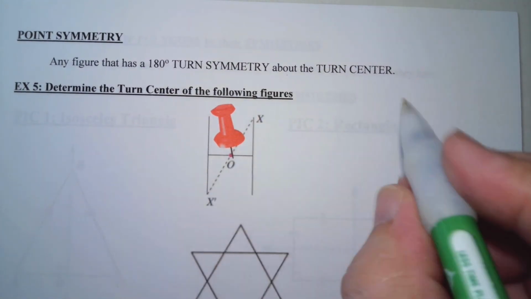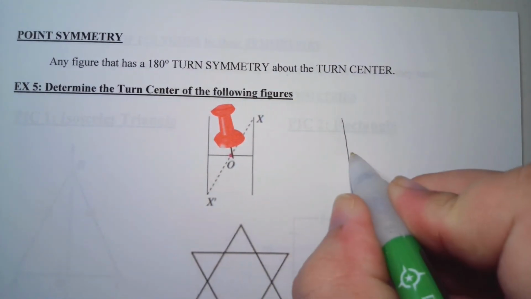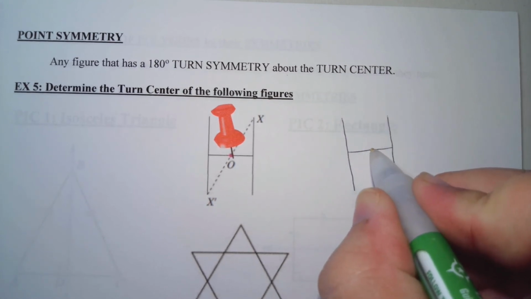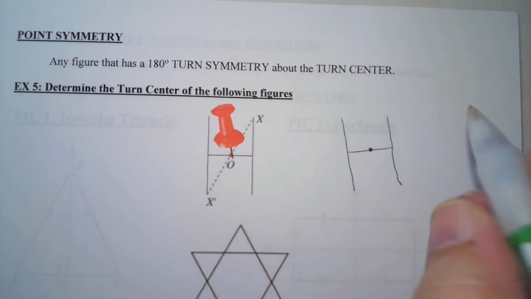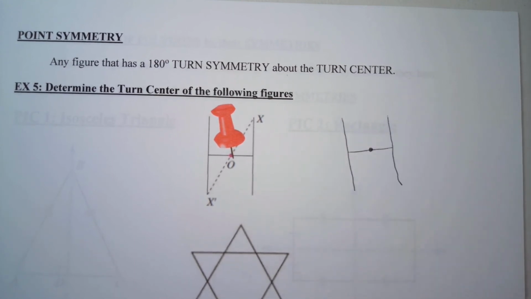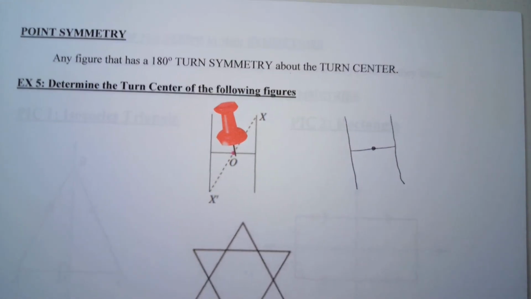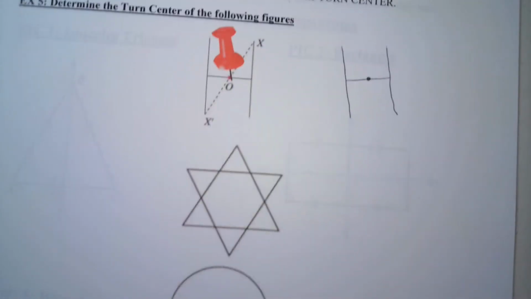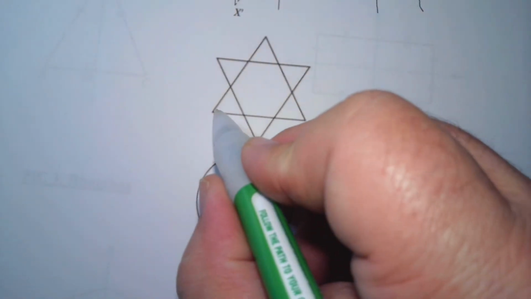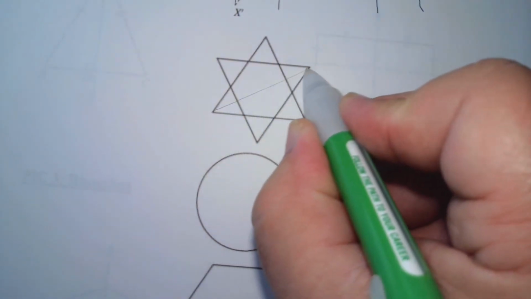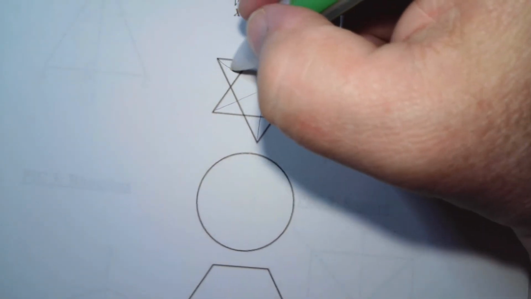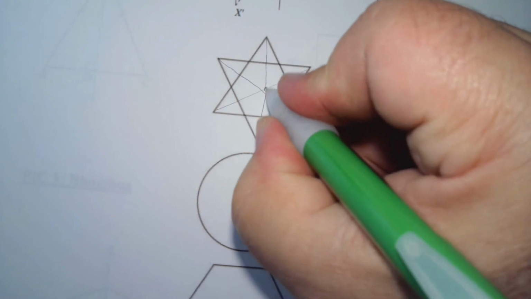So like for example, the letter H. If I find the turn center and rotate it 180 degrees, I'll get the same picture. What I do here is find where is the center. What you could do is just do diagonals, and where the lines cross, that's the absolute center.